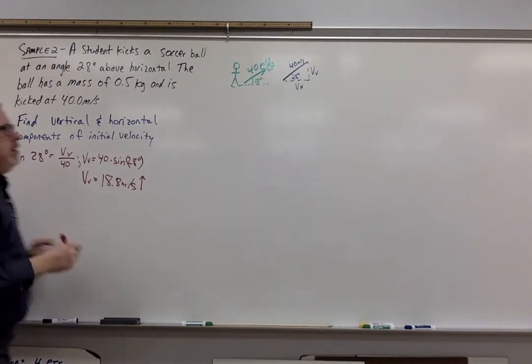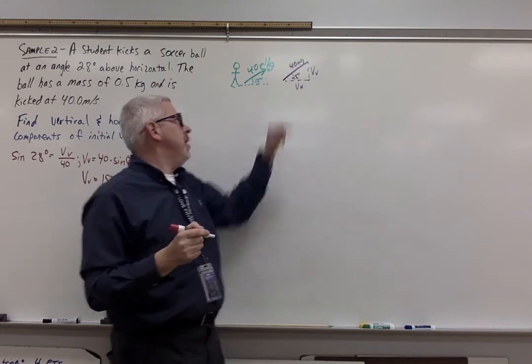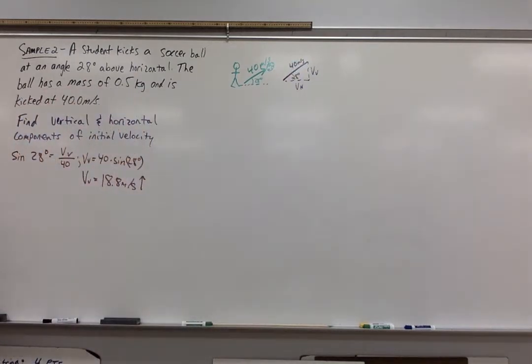The cosine is adjacent over hypotenuse. You could use Pythagorean theorem or another way to get the horizontal component. Right now, I'm just going to stick with this. So the cosine of 28 degrees is equal to VH over 40 meters per second.